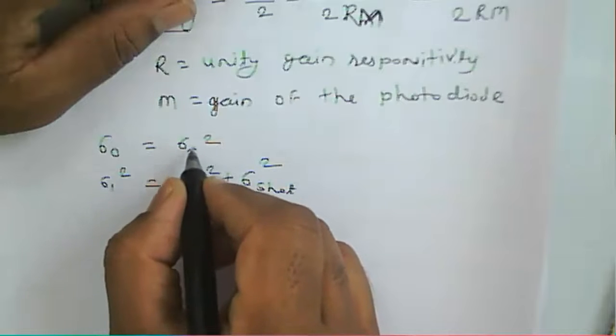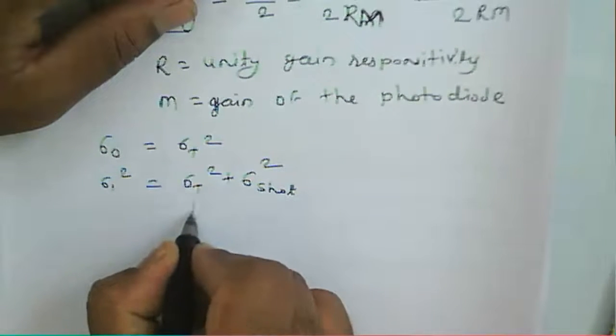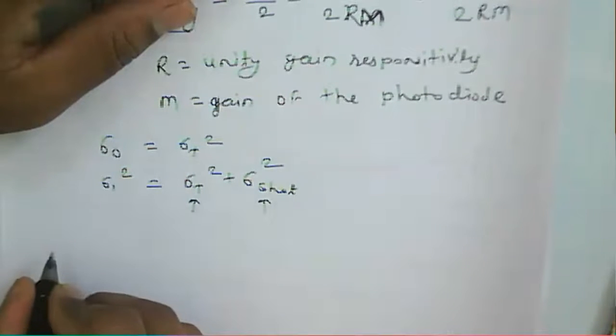Sigma T is for the thermal noise, and sigma shot is the noise variance for the shot noise.